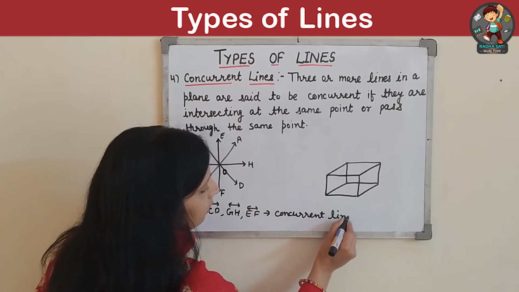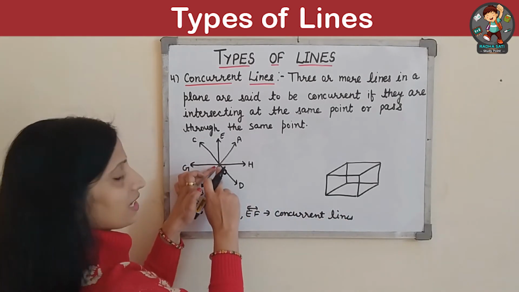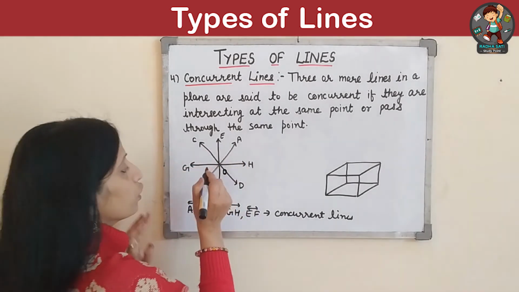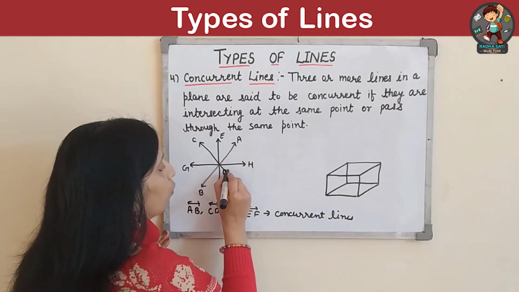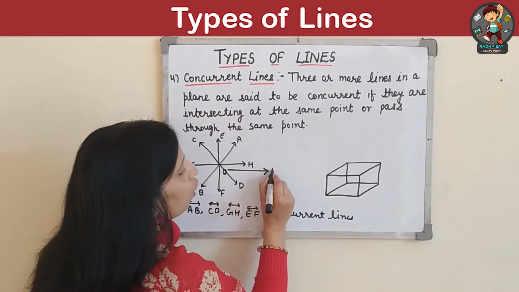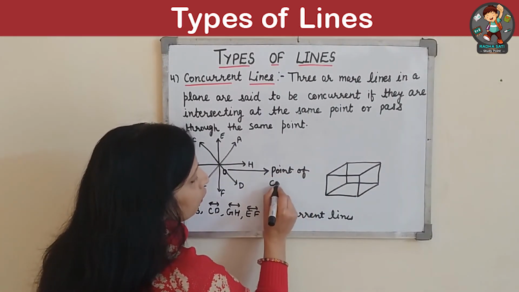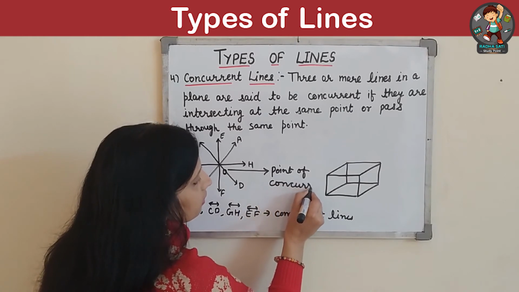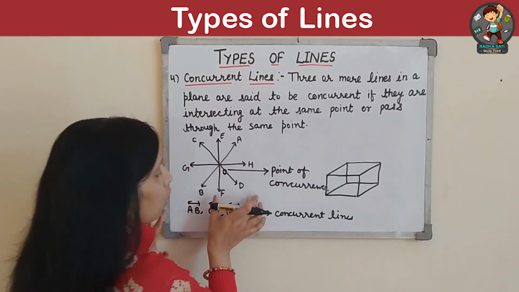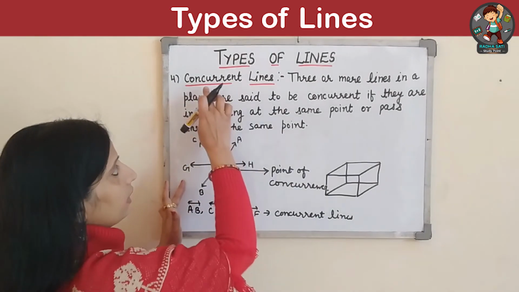And the point from where these lines are passing through, this point O, will be known as point of concurrence. Point of concurrence.